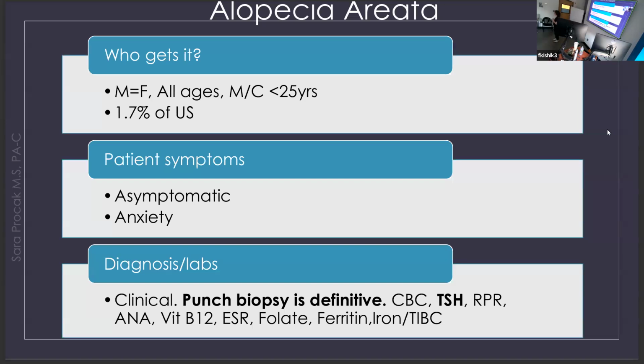RPR is a rapid plasma reagin. Oh, syphilis, yes. Remember that. So you're going to want to check an RPR too, because you can get that moth-eaten pattern of hair loss, which can mimic alopecia areata. You'll check your ANA also for any autoimmune disease, and then their vitamins, iron panel, and so on.